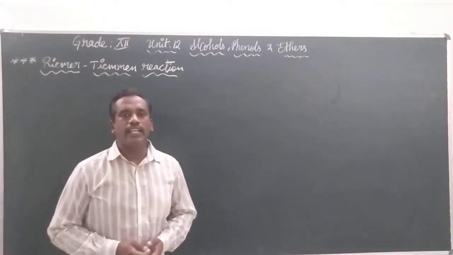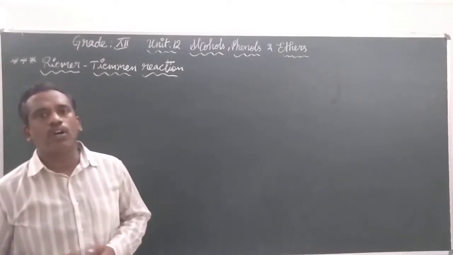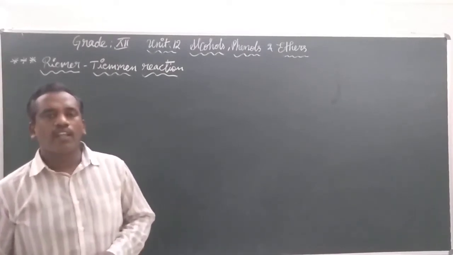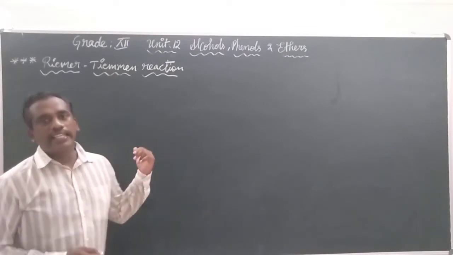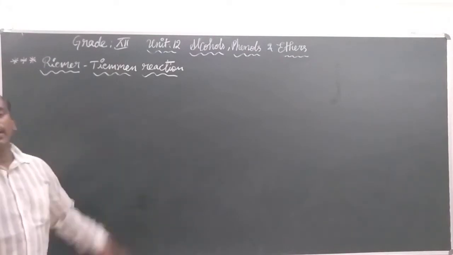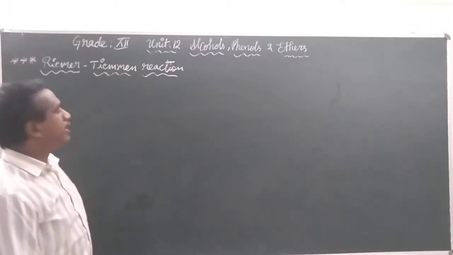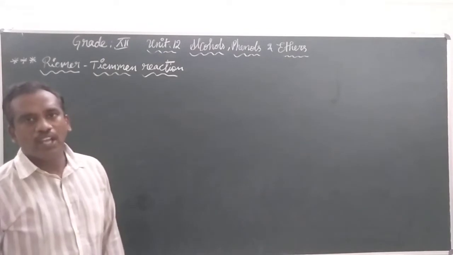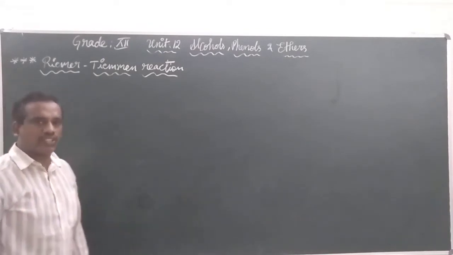So let us see the next very most important named reaction, children. This is called the Reimer-Tiemann reaction, R-I-E-M-E-R, Tiemann reaction. What is the Reimer-Tiemann reaction?